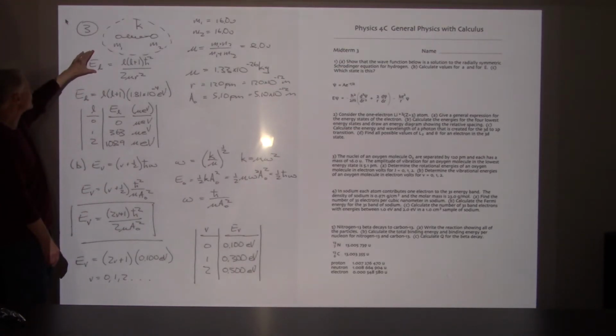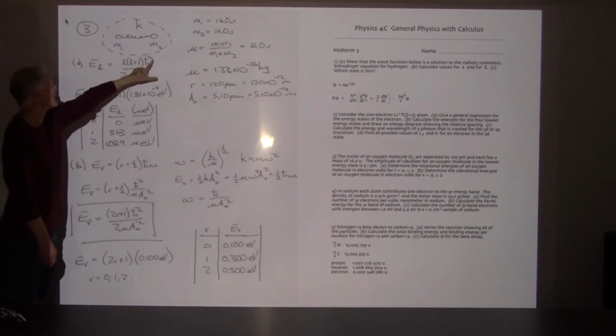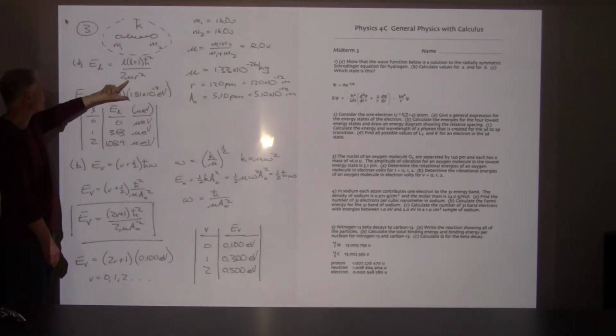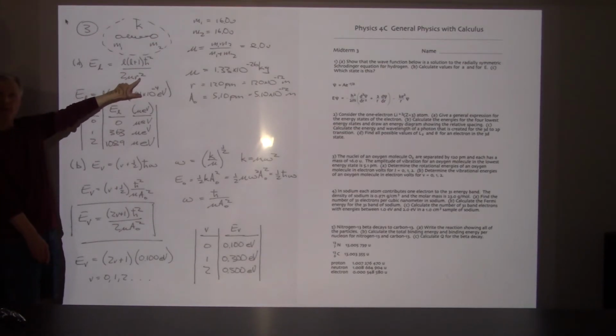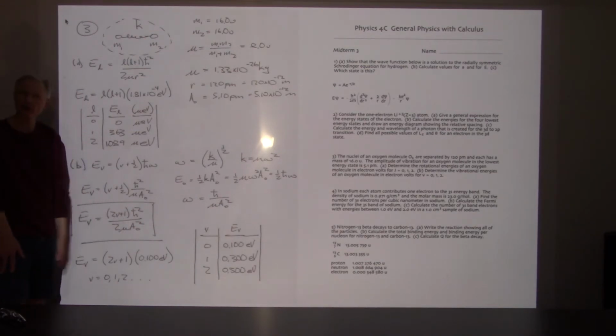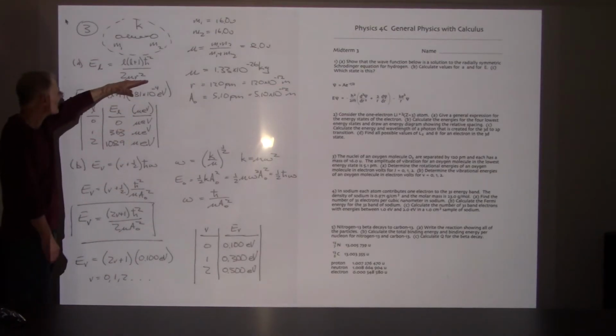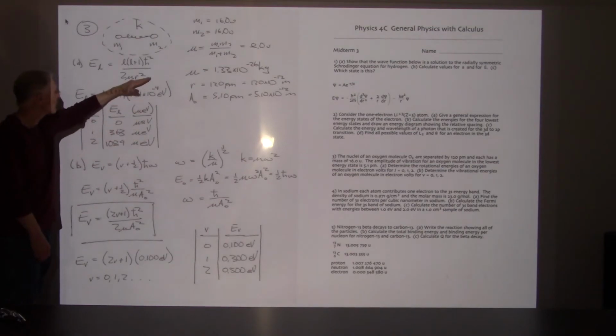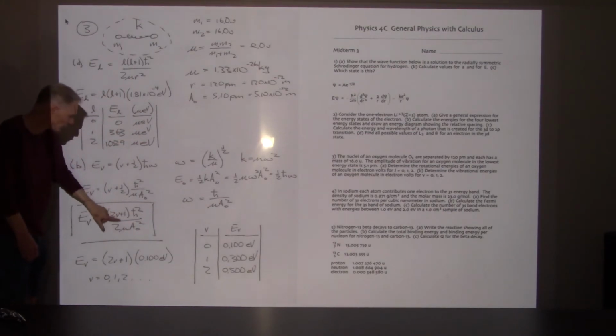Look at that energy of rotation, h bar squared over 2 times the reduced mass times the bond length squared. Here, h bar squared over 2 times the reduced mass times the amplitude of vibration squared. I like being able to see that the formulas really are almost identical.